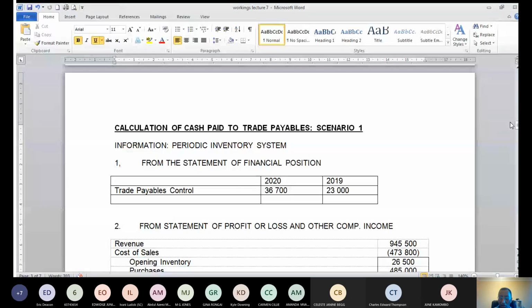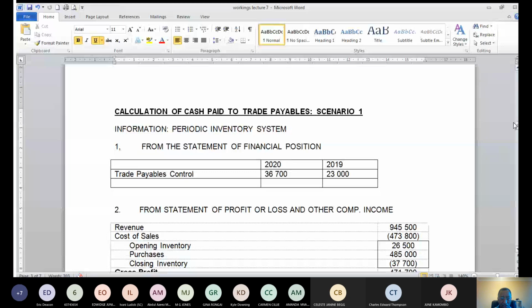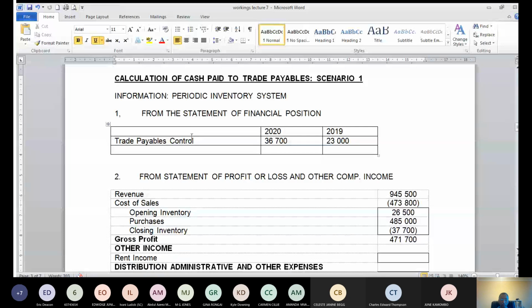So now let us take a look at a scenario here. I give you information from the statement of financial position. In your statement of financial position for 2020, trade payables is 36,700. Trade payables in 2019 is 23,000 Rand.